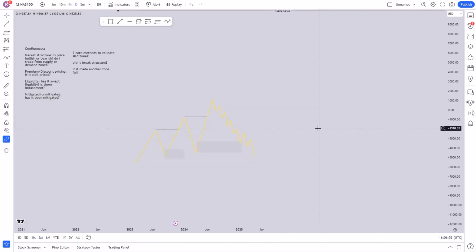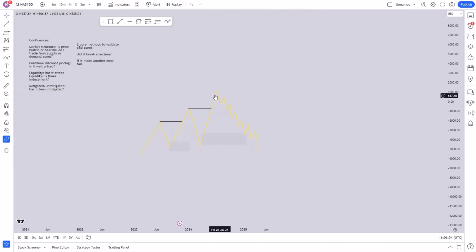Potentially, yeah, we could say it's a market maker movement because the market makers could have stepped in here and kept price bearish to break this low. And again, remember, we don't have to break this low and then continue to the upside. Even though that does happen, we don't have to do that.